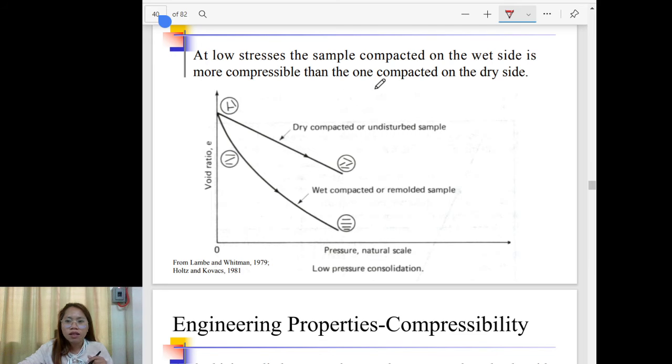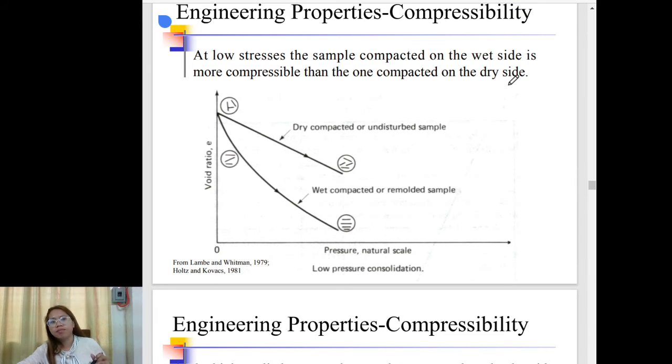At low stresses, the sample compacted on the wet side is more compressible than the one compacted on the dry side. So on the wet side, that is after the optimum moisture content, at low stresses, it is more compressible because it is wetter than on the dry side of the optimum moisture content.